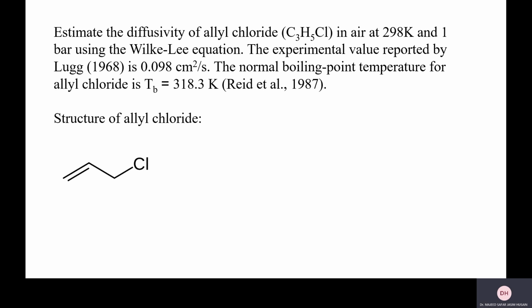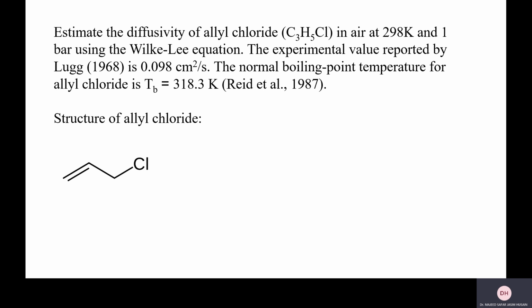The experimental value reported by Lugg in 1968 is 0.098 centimeters squared per second, and the normal boiling point temperature for the allyl chloride is Tb equals 318.3 Kelvin, which was reported by Reed et al. in a paper in 1987.